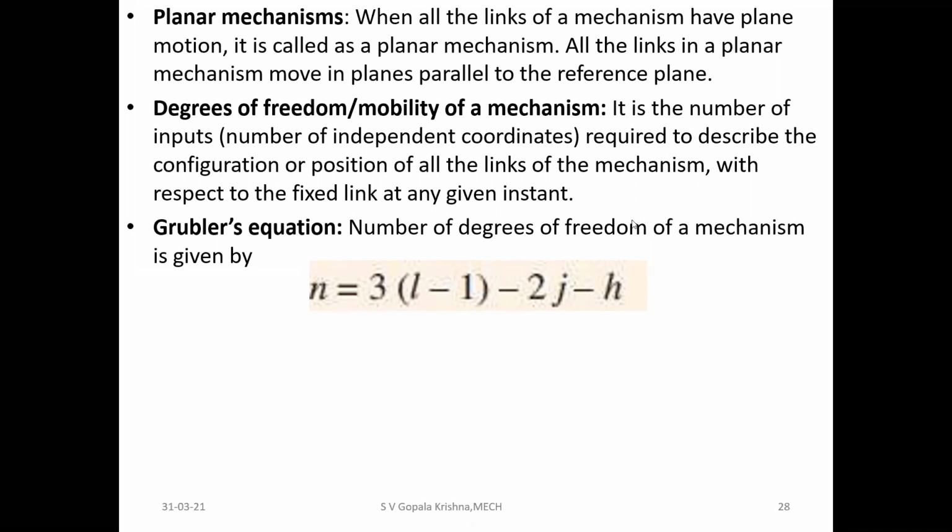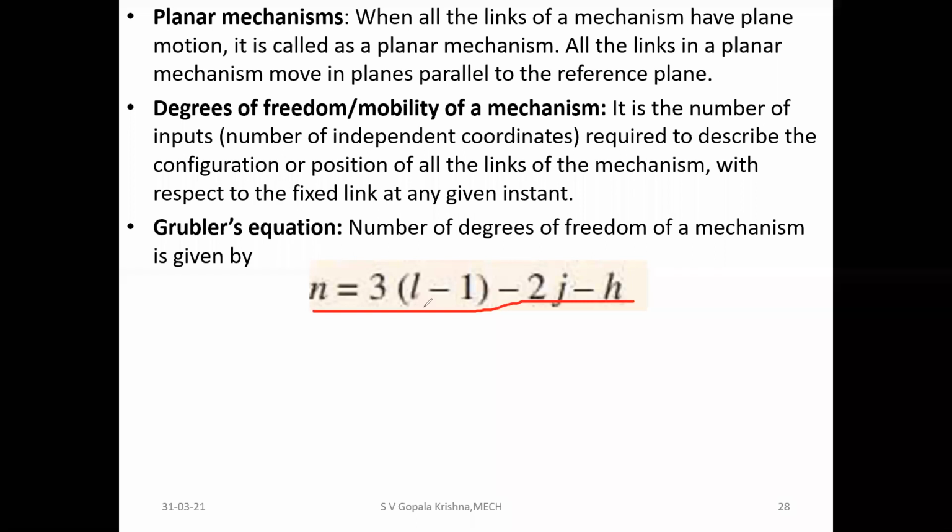It is very important. From the Grubler's criterion, n equals 3 into (L minus 1) minus 2j minus h.